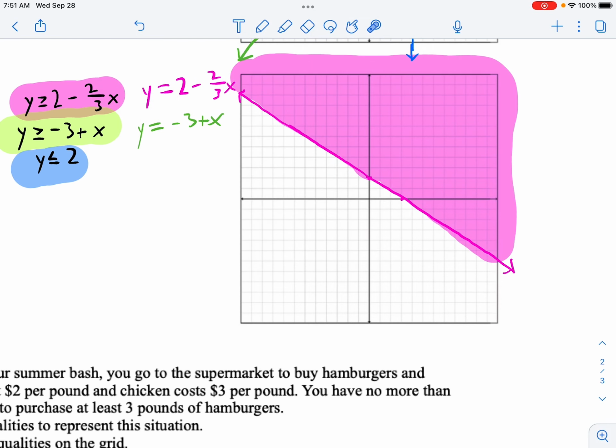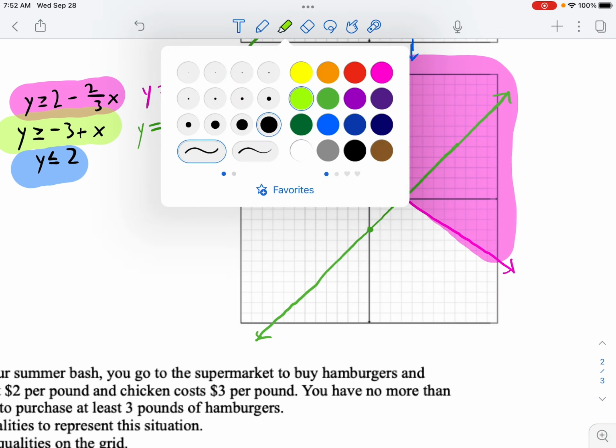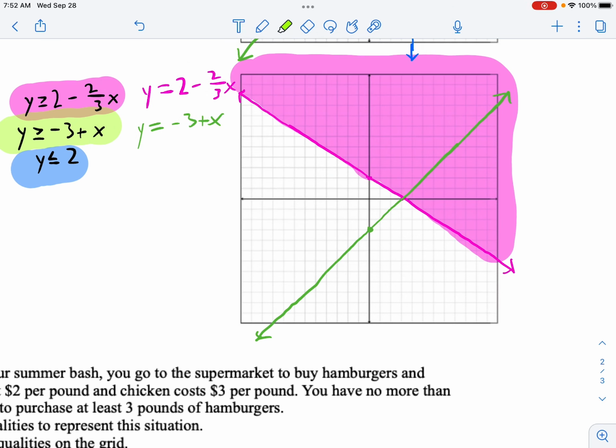All right, so y-intercept, negative 3, and then positive 1 is my slope. There we go. Right, so this is the line where y equals negative 3 plus x. We want to shade all my points where y is greater than negative 3 plus x, so above this line. Above the green line.